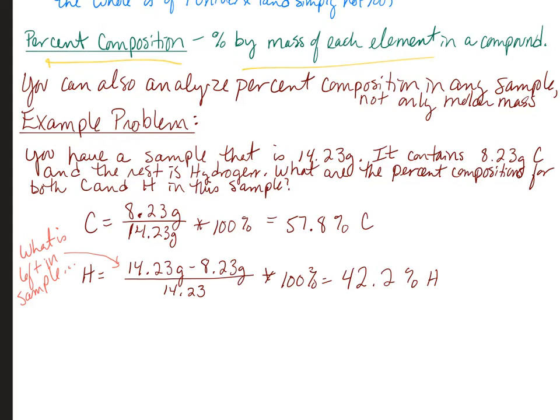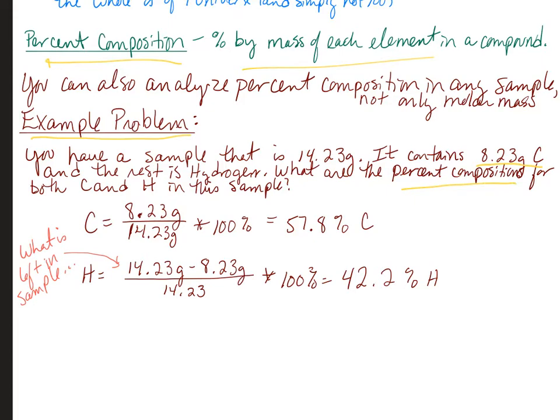So you can figure out what percentage of carbon is in a sample if you know how much the sample weighs. So here's a problem as an example. You have a sample that's 14.23 grams. 8.23 grams of that is carbon, and the rest is hydrogen. So then it's asking you what is the percent composition for both C and H in the sample.